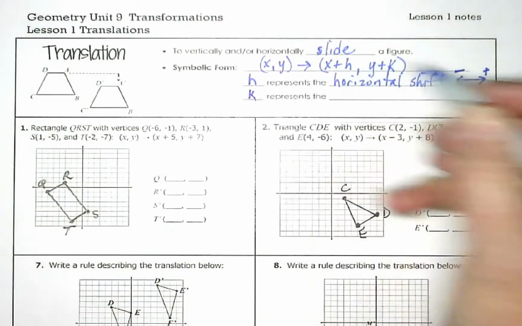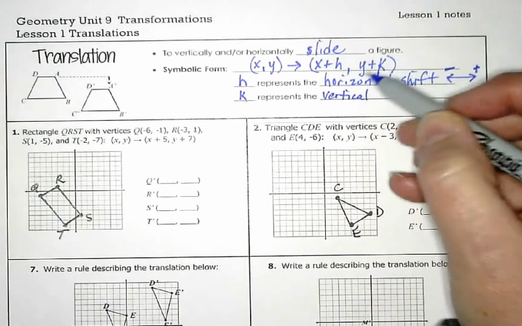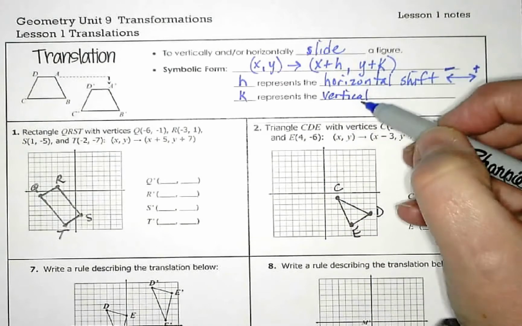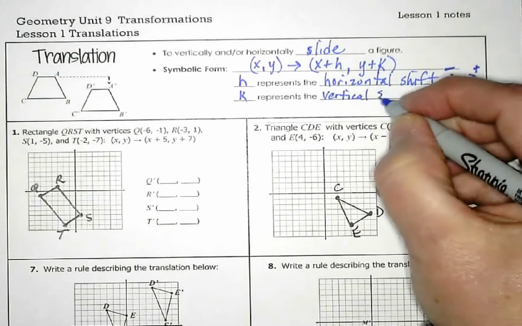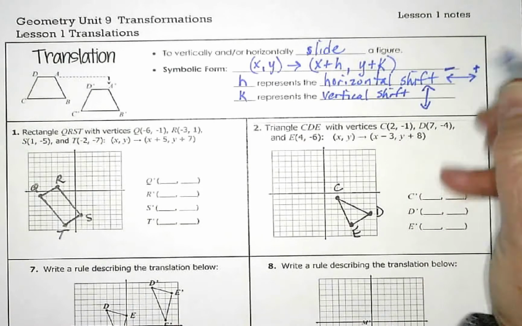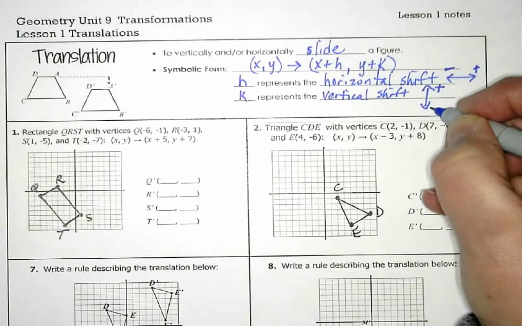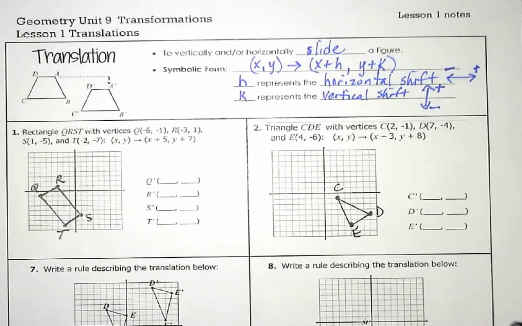The k represents the vertical shift. Okay, if you remember, the y-axis is vertical, so the vertical shift will tell us how many to go up or to go down. If it's a plus, we're going to go up. If it's a negative, we're going to go down.